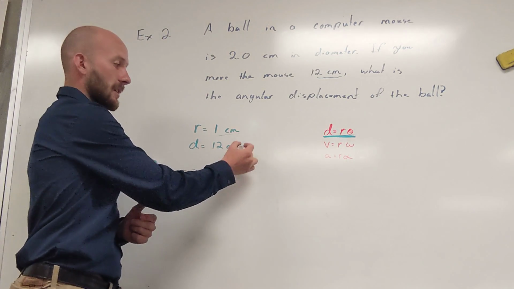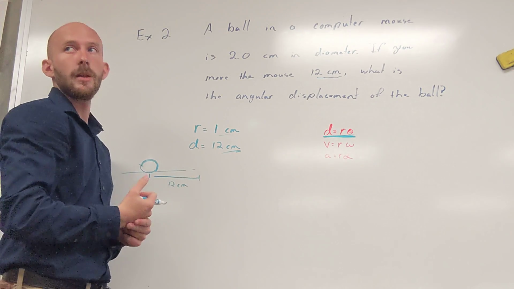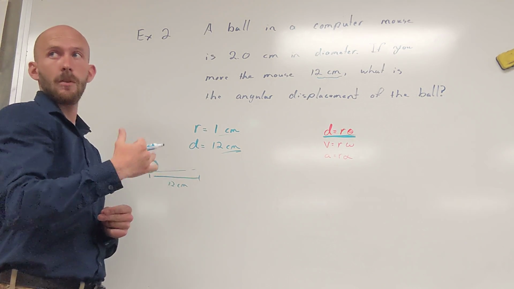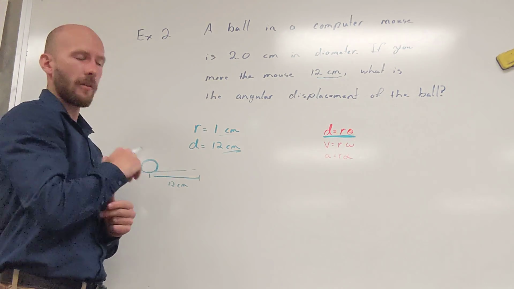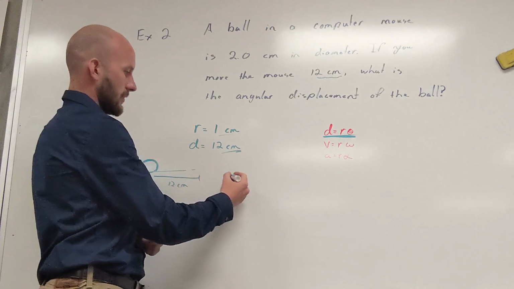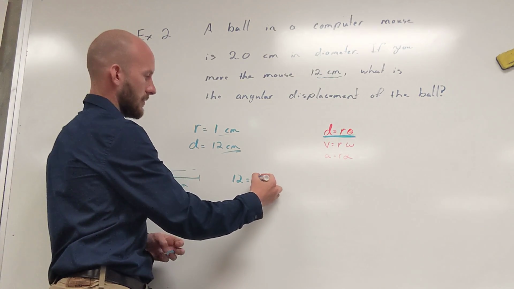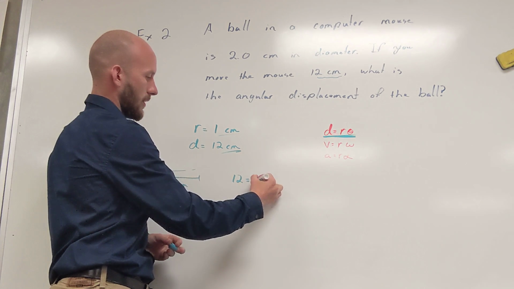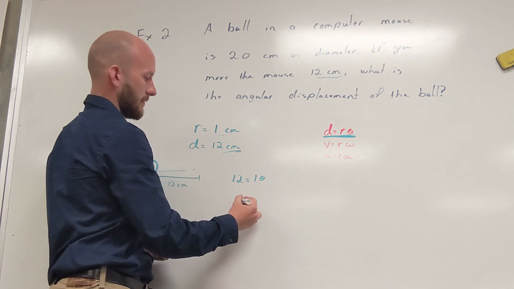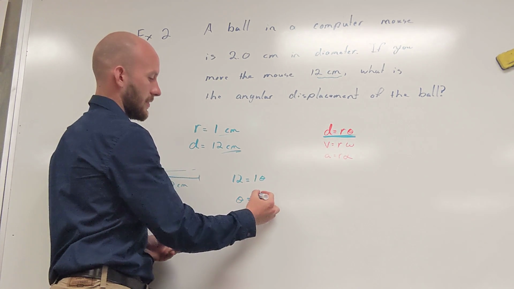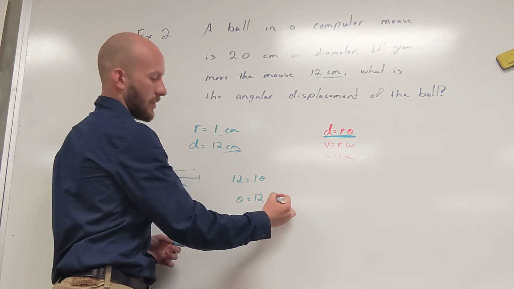Now, this isn't the standard SI unit of meters, but they're the same unit, so everything should agree there. I'm just going to plug it in. 12 is equal to R, which is 1, times theta. Theta equals 12.